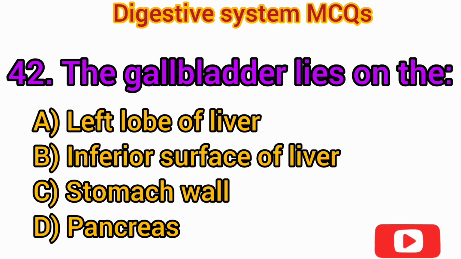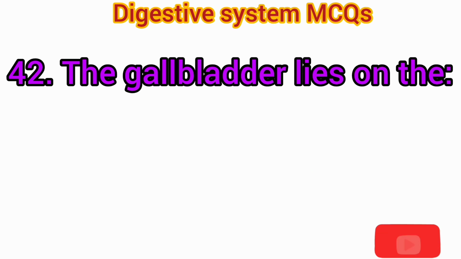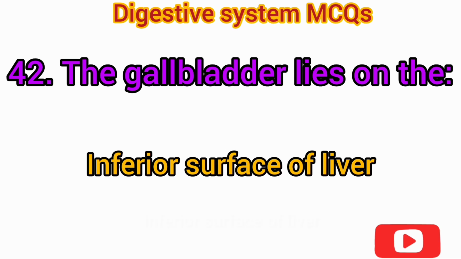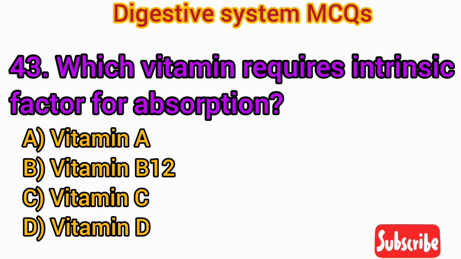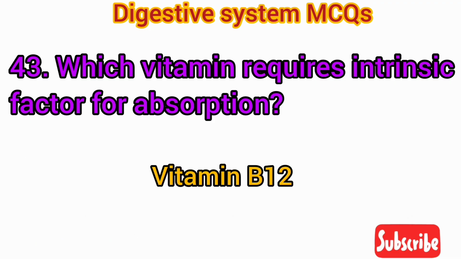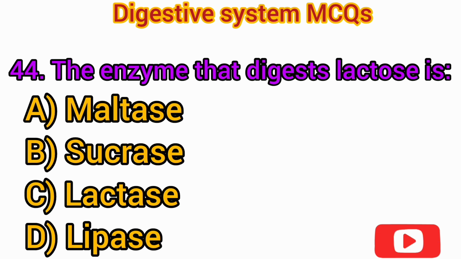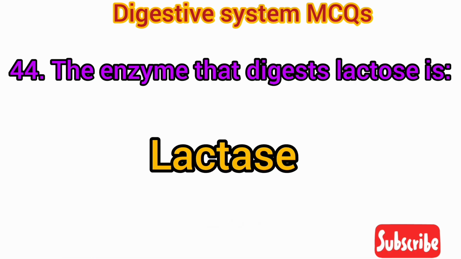The gallbladder lies on the... inferior surface of liver. Which vitamin requires intrinsic factor for absorption? Vitamin B12. The enzyme that digests lactose is... lactase.